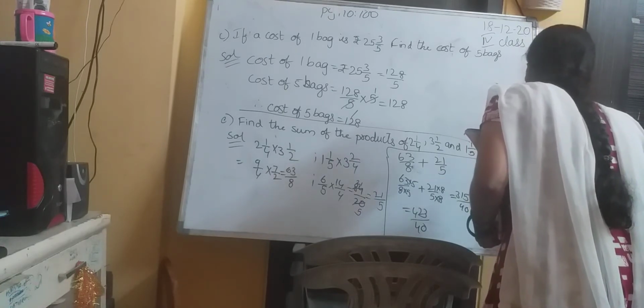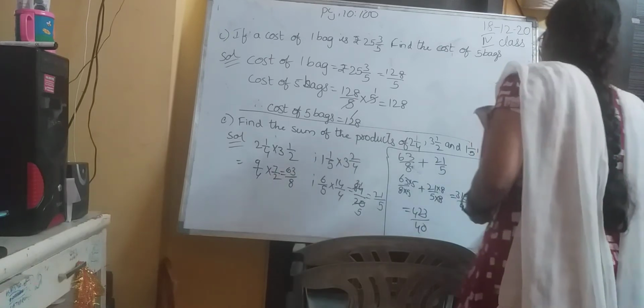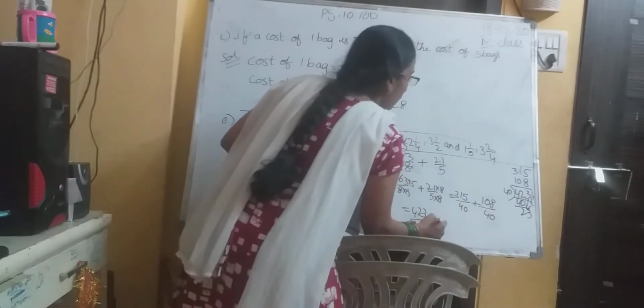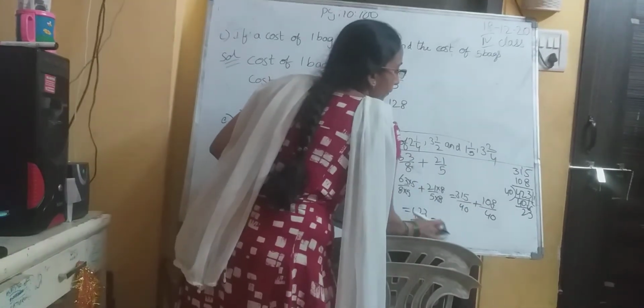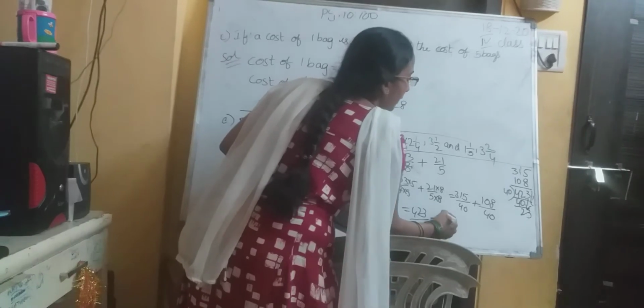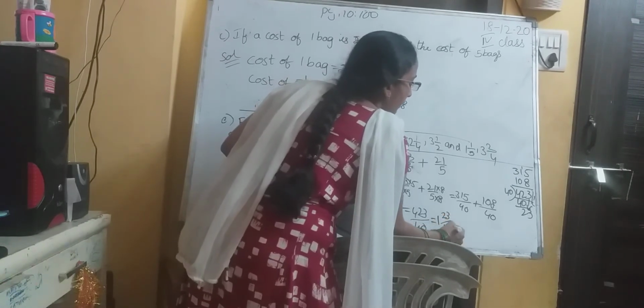4 1s are 4, 40. 2 comes down, 3. 3 does not go, 23 by 40.